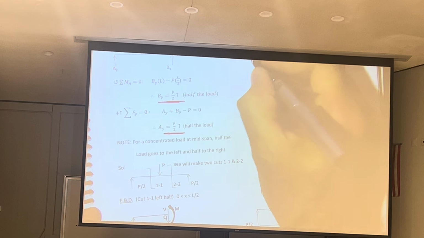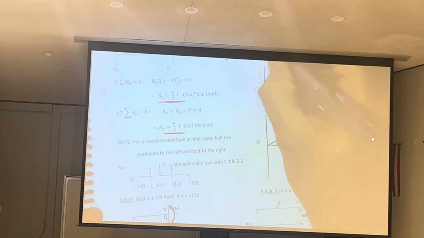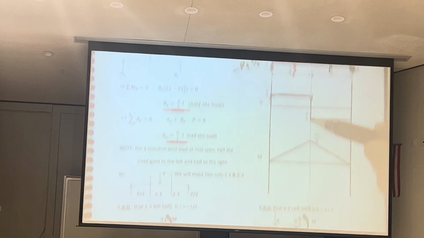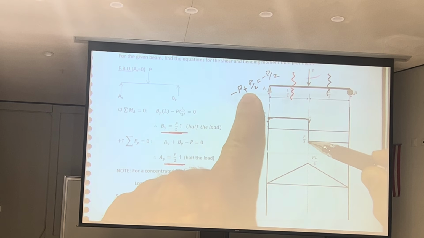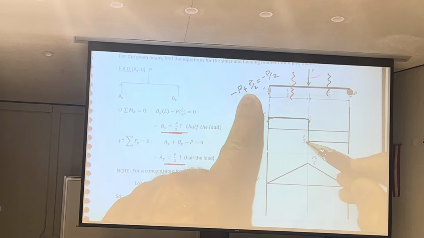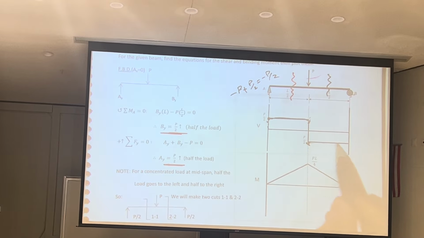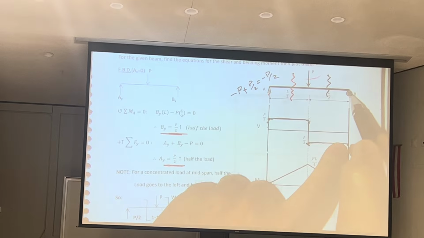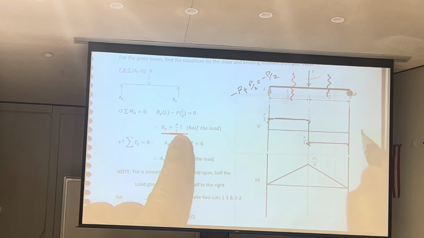P minus P over 2 negative plus this is equal to minus P over 2. So I'm going to drop to a negative P over 2. There's the calculation to get the P over 2 negative. There is no load, so it's going to stay the same until I get to the very end. BY is P over 2, so I got a plus P over 2, a minus P over 2. Where do I go? 0.